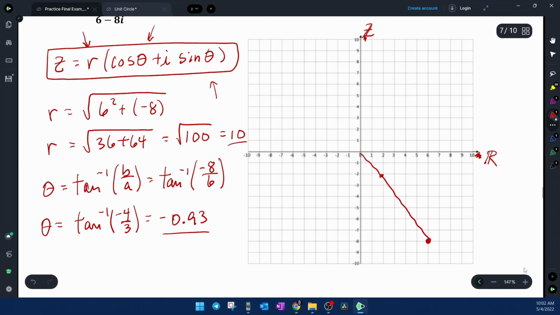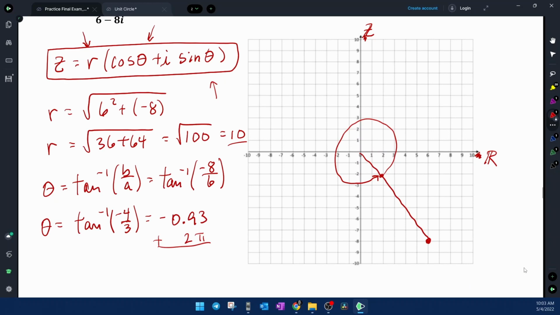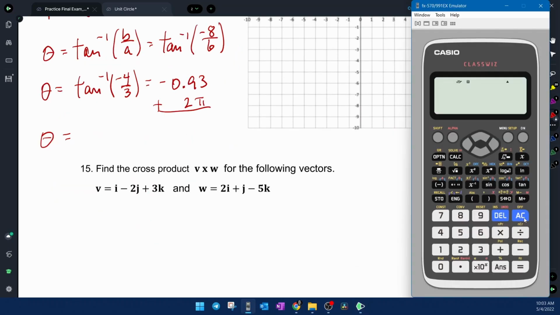Really, if you think about it, if we're in the fourth quadrant and we want to return to the same location in the fourth quadrant, we simply need to add 360. But since we're in radians, we need to add 2 pi. So all I need to do is add 2 pi to this answer, and I will get the positive equivalent angle. And again, using our class whiz for that, we're going to start with 2 pi, and we're going to minus 0.93.